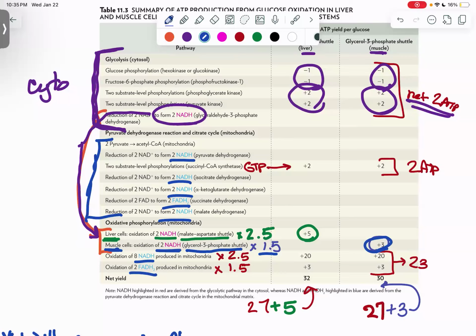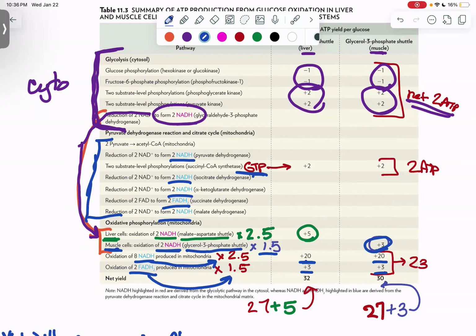Those 2 FADH2 are going to be multiplied by 1.5, whereas the 8 NADH are multiplied by 2.5. So regardless, you're still going to make the same amount. From the mitochondrial NADH, you're going to make 20 ATPs, and from the mitochondrial FADH2s, you're going to make 3 ATPs.